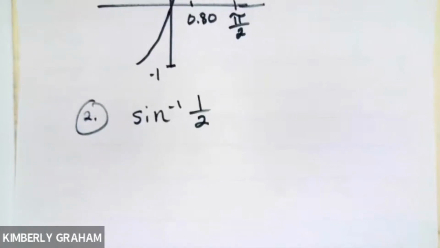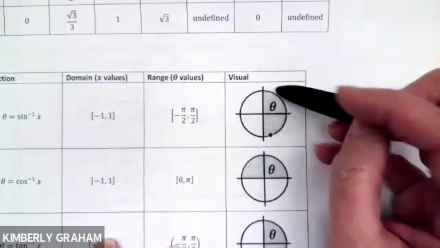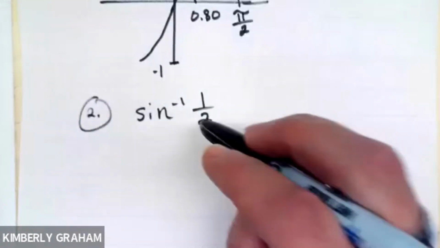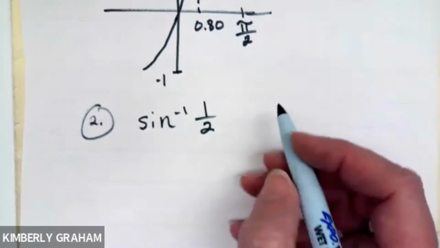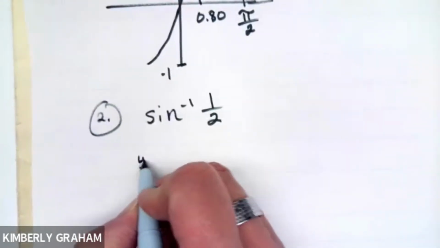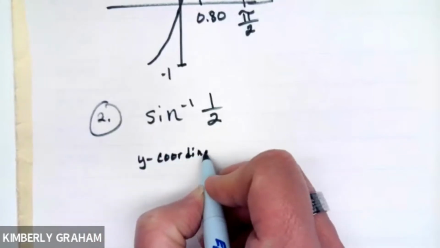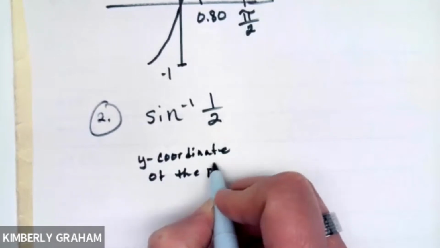So step 1, figure out which quadrant I'm in. I'm in one of these 2 quadrants here. I'm either in 1 or I'm in 4. Now remember that when I'm dealing with my sine value, I am dealing with the y coordinate of the points that are on my unit circle.